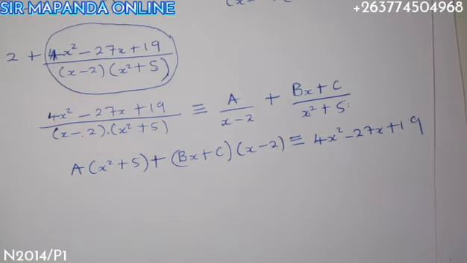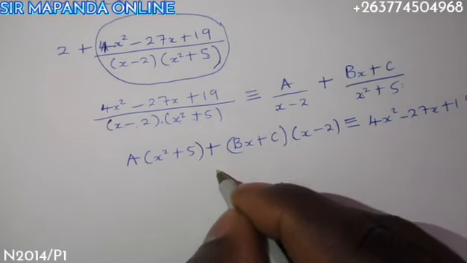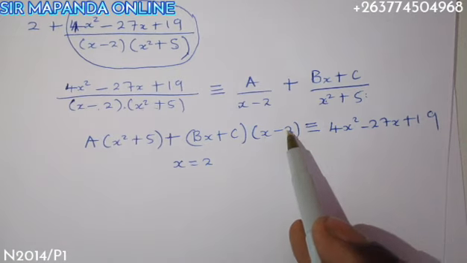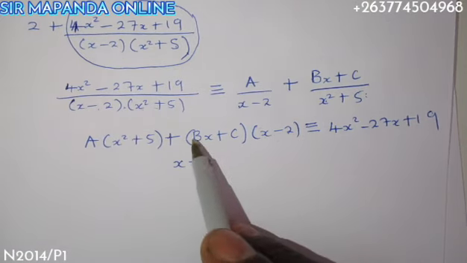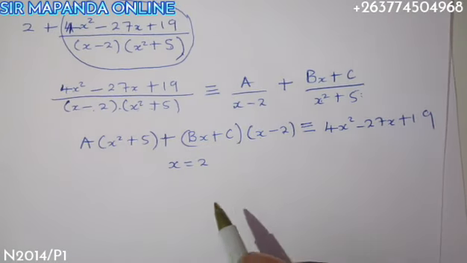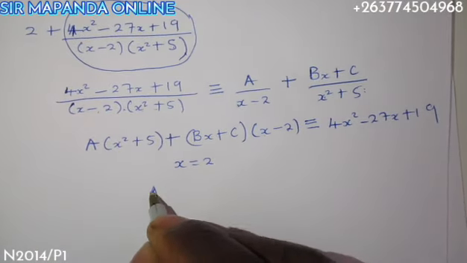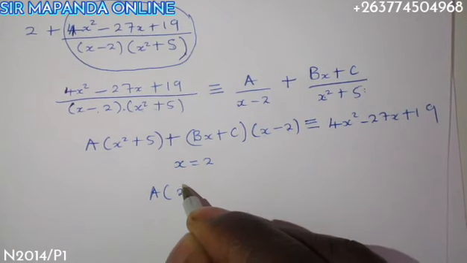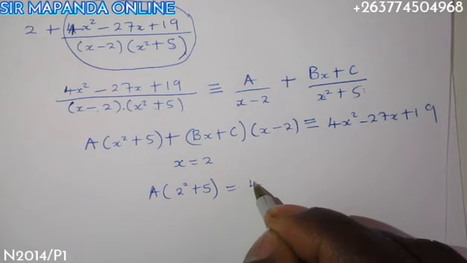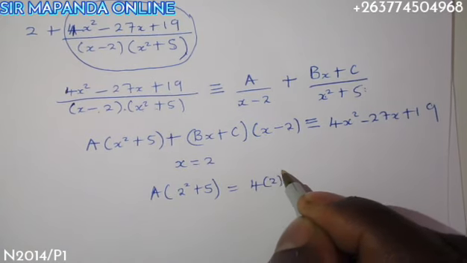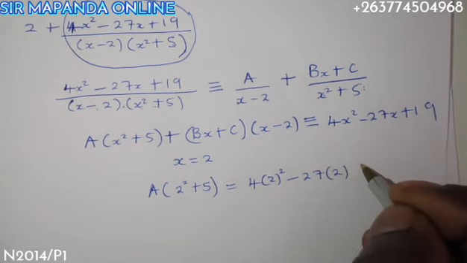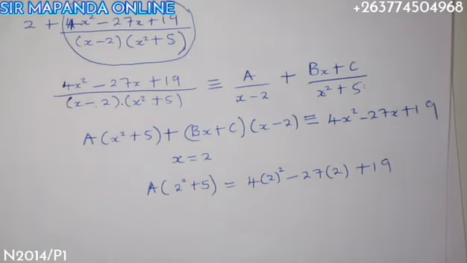Right, so we want to eliminate letters. So let's say when x is equals to 2, you get 2 minus 2, and this entire bracket Bx plus C, x minus 2 becomes 0, so that you find A. So you get A, open bracket, 2 squared plus 5 is equals to 4, open bracket, 2 squared minus 27, open bracket, 2 plus 19.